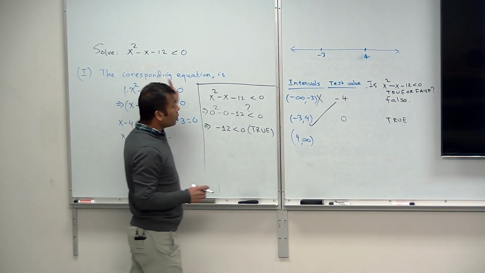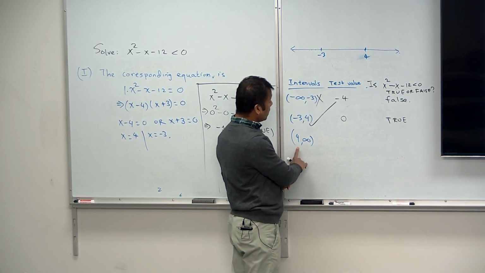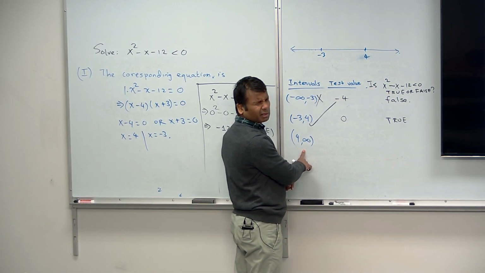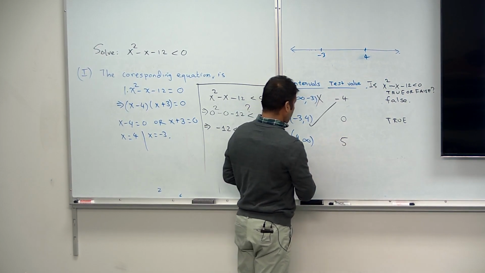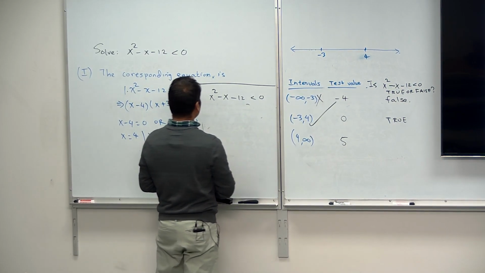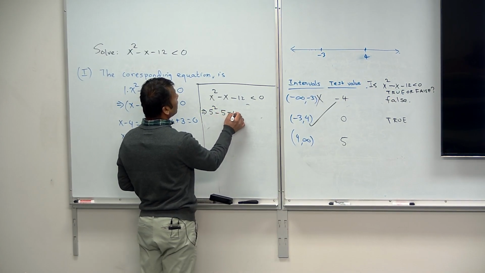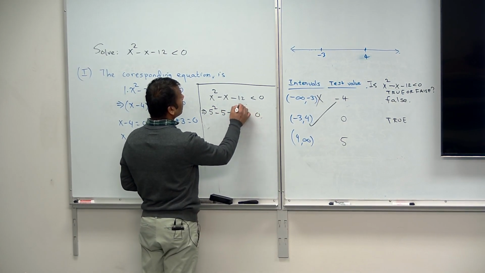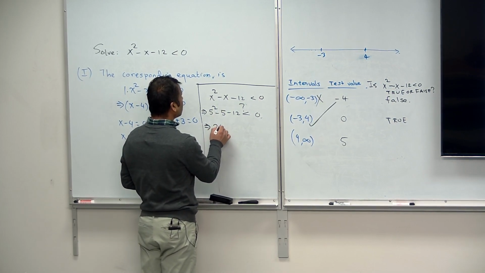Okay? So now let's do a similar thing for this one. What do you want to pick as a test value? 5. And then you plug in here. So this is 5 squared minus 5 minus 12 is less than 0. You know 5 squared is 25, right?